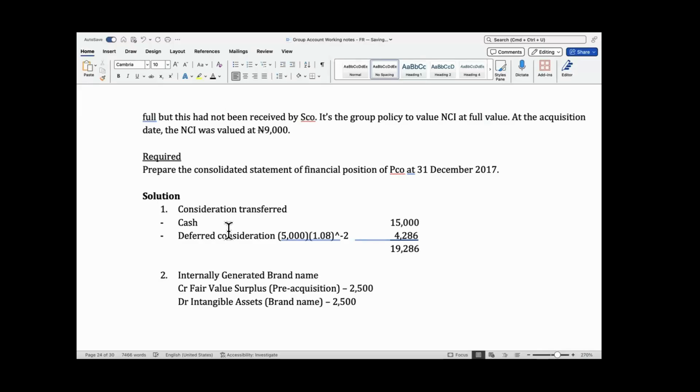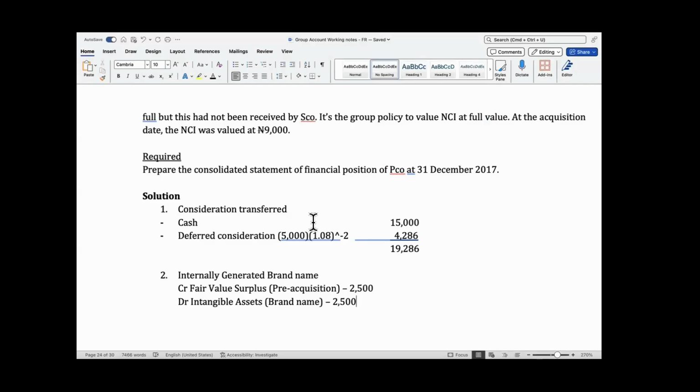Okay. Is it okay? I can see your hand raised. Go ahead, please. My question is just the 1.08. I'm just trying to figure out how we got it. I think it should be 8%, which is 0.08.